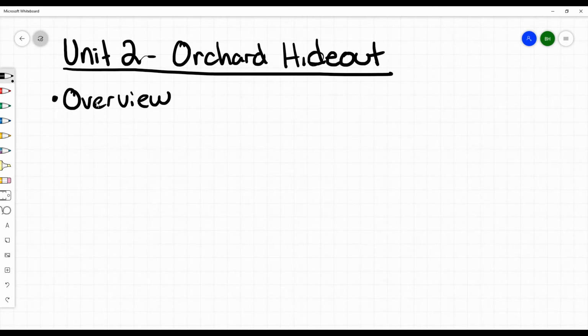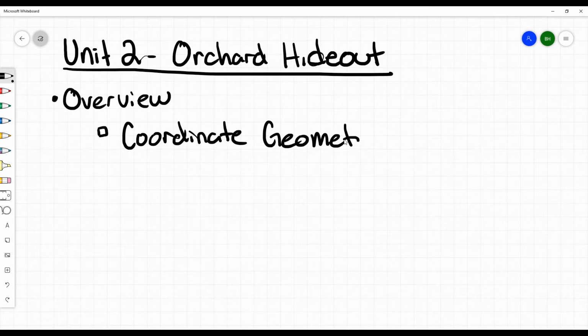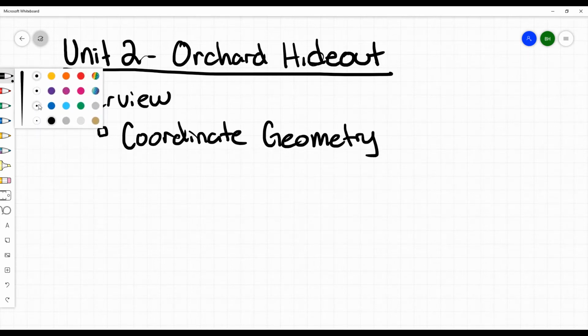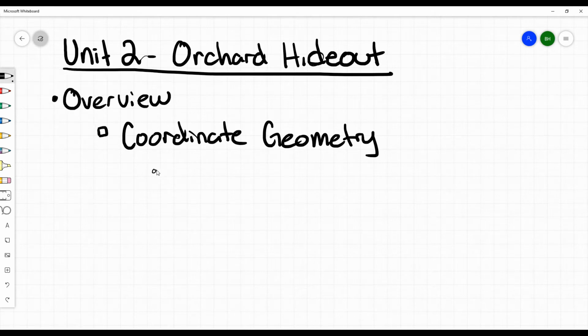So the overview: we're going to be breaking the unit up into two different topics. The first one is going to be coordinate geometry. This topic is going to include several aspects around using the coordinate plane, which is like your XY axis and overall just graphing in general.